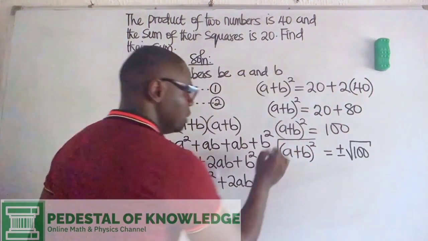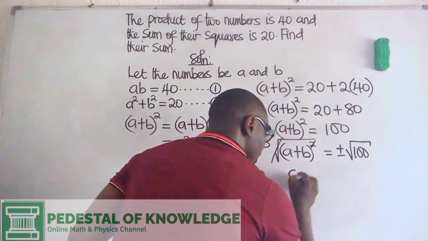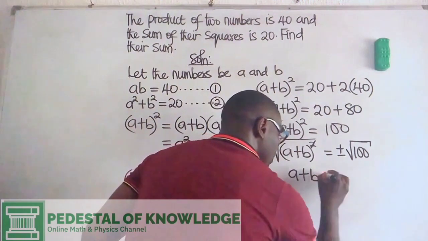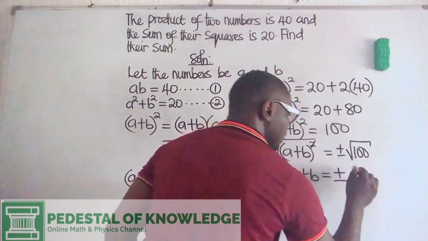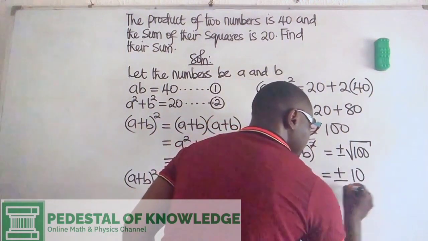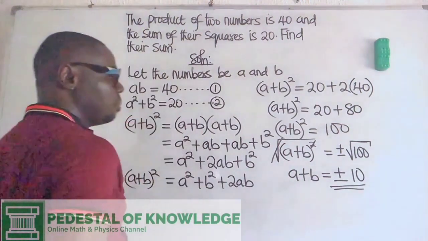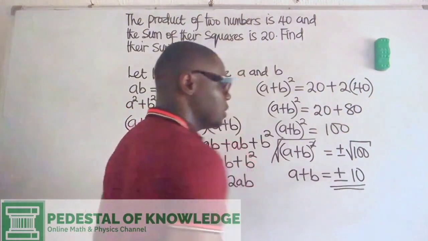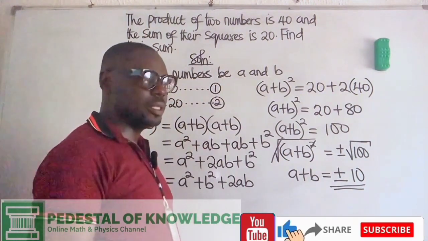Okay, now this square root here, we cancel the square. We're now going to have A plus B is equal to plus or minus the square root of 100, which is equal to 10. Therefore, the sum of the numbers is plus or minus 10. In other words, it may be plus 10, it can also be minus 10.